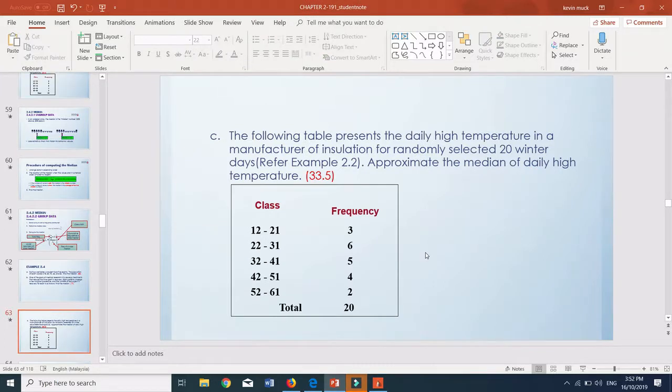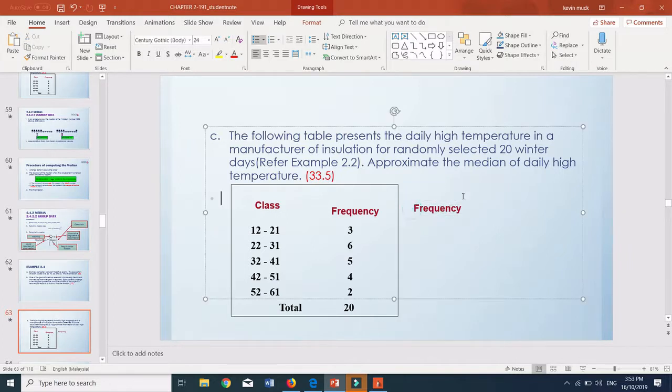First of all, we'll proceed to the next example, which is the grouped data. This is the table that we have over here. For the grouped data, first of all, we have to find the cumulative frequency. So this is the question, and we will need to find the cumulative frequency. Here I will write cumulative.